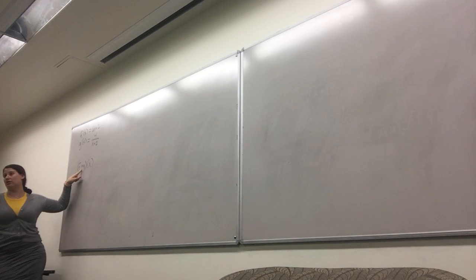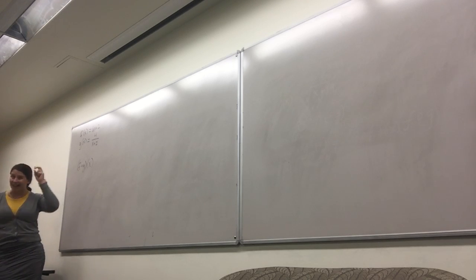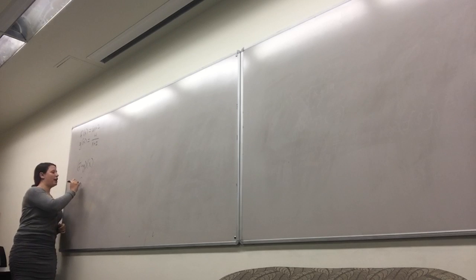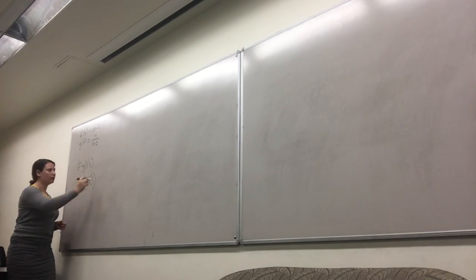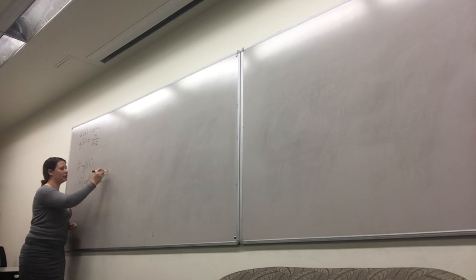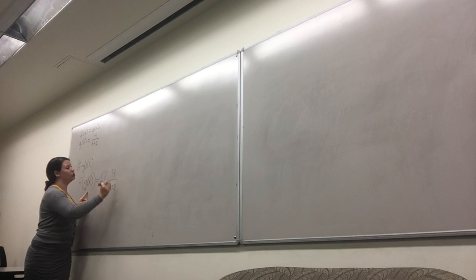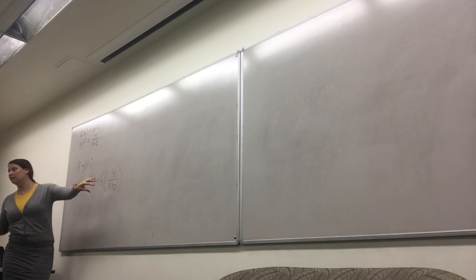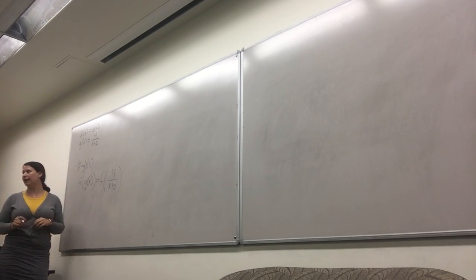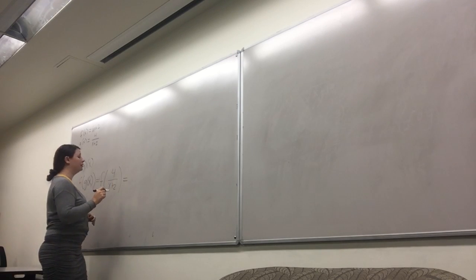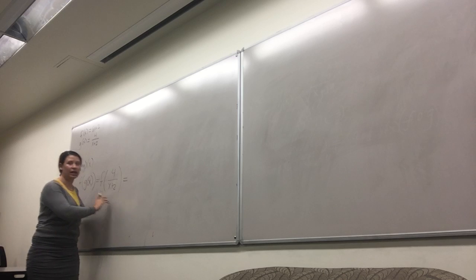No, it's composition. We treat g of x like the input in f. So that means we have f of g of x, right? Or then you can continue on and think, well, g of x is really 4 over x plus 2, right? We're plugging that into f. So then what does that look like? How do we plug that into f?